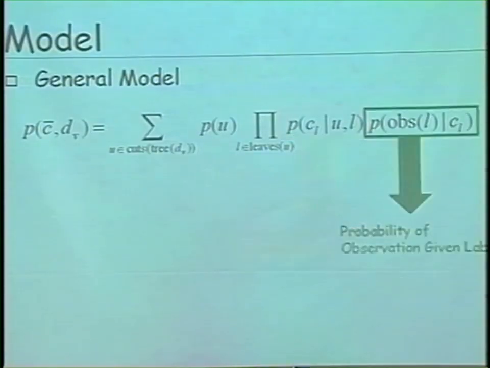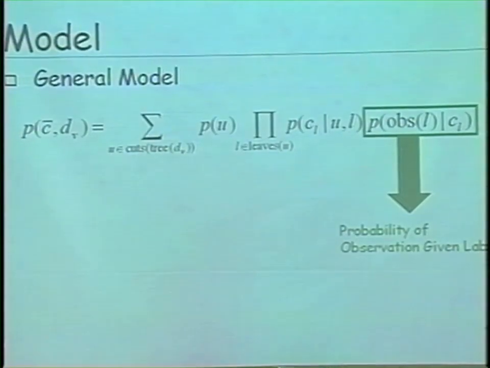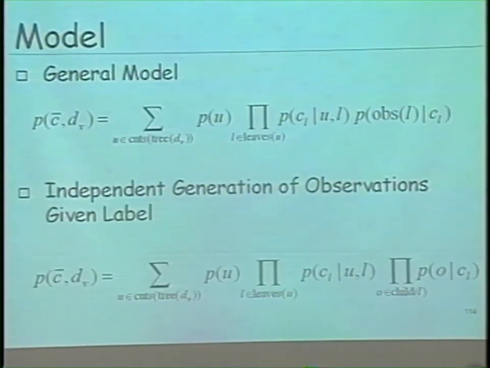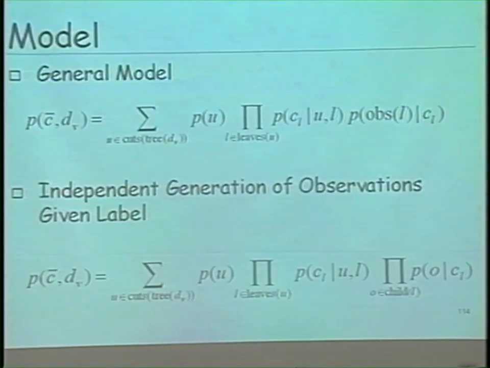And then once you have the concept, you then have to generate the observations that sit under that node. So for this last one, probably our first pass model will assume that the children are generated independently, so this just turns into a product over the observations.